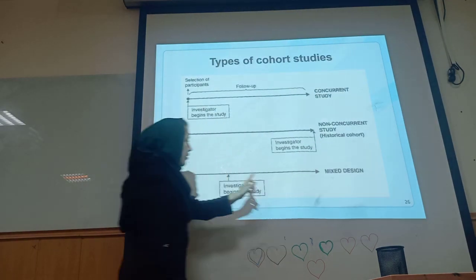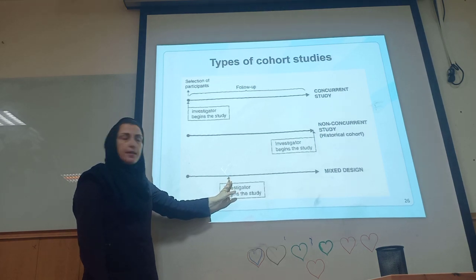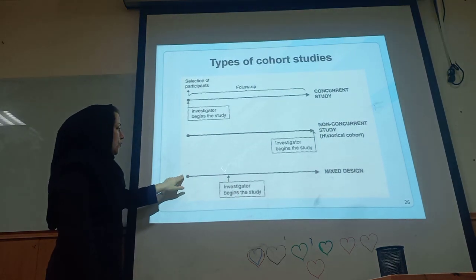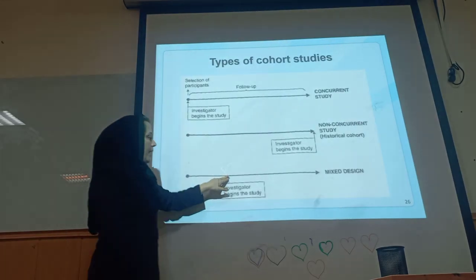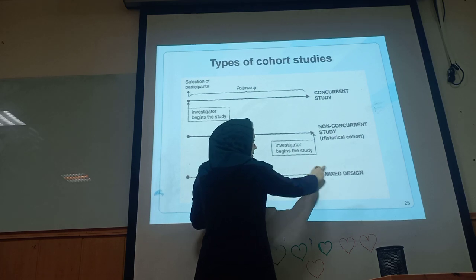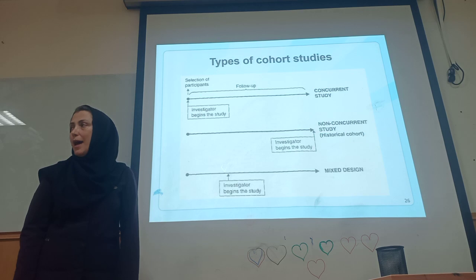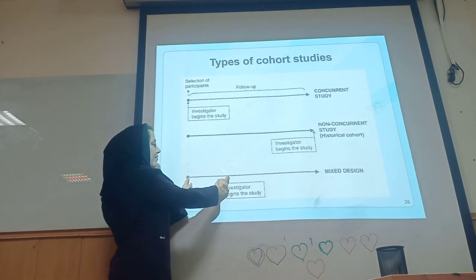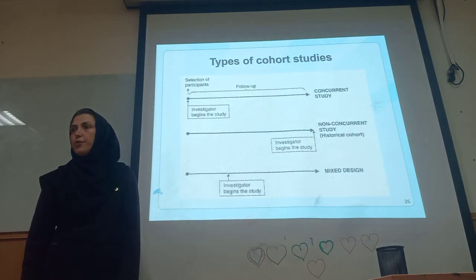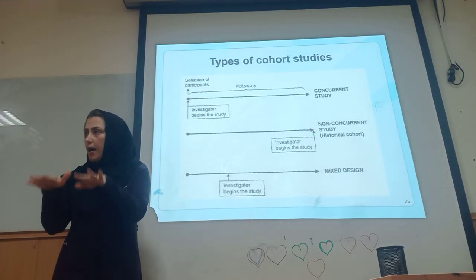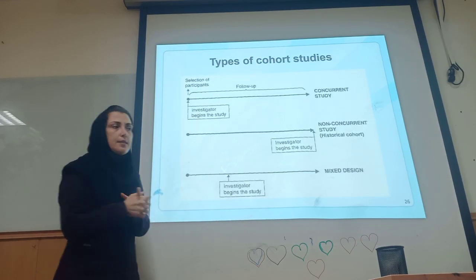In mixed design, you are here in the middle of this study. You can use the registry of exposure from here and follow the participants to find the outcomes. So you save this part of follow-up for yourself. You can decrease the time and money that are required for doing this study.